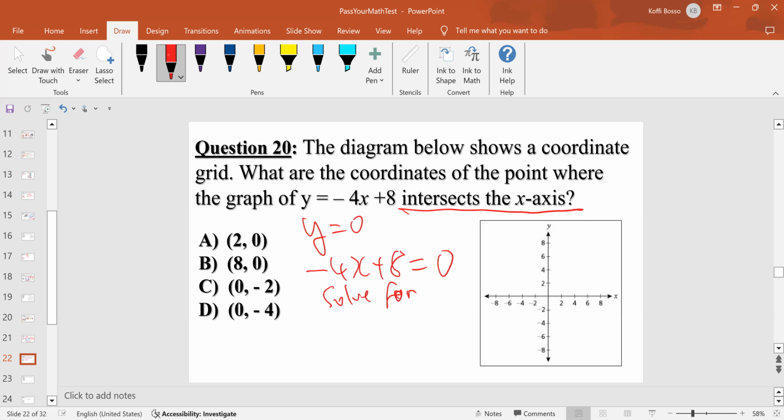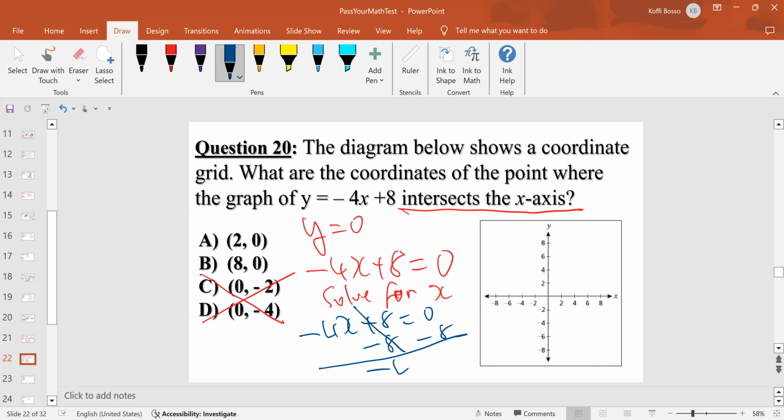for x. Okay, but before I continue, I know that C and D are not the correct choice because to have a y of 0, it has to be maybe choice A or choice B, because the second value in the parentheses represents the y. Now, having negative 4x plus 8 equals 0, to solve for x, I'm going to subtract 8 on both sides.